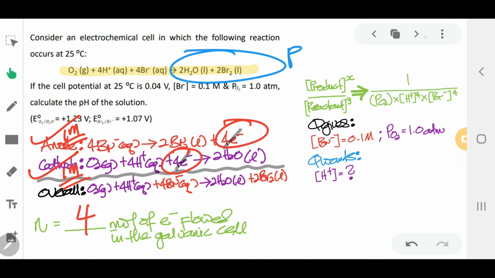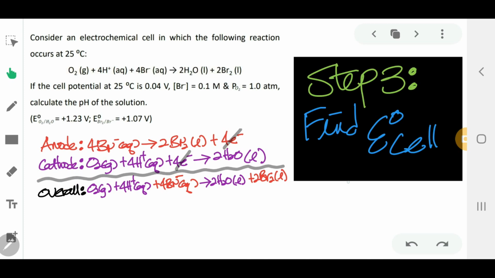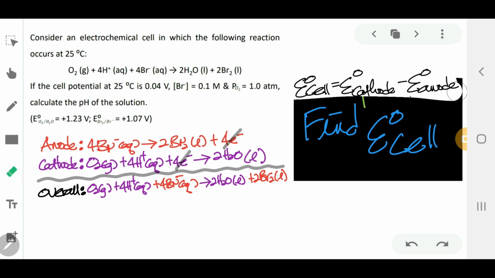Moving on to step 3, from step 2, we need to find the E naught cell of the reactions that we have here. So we're going to use the equation E naught cell equals E naught cathode minus E naught anode.